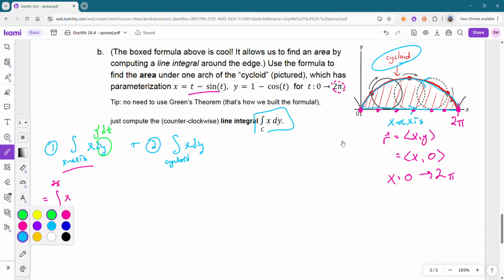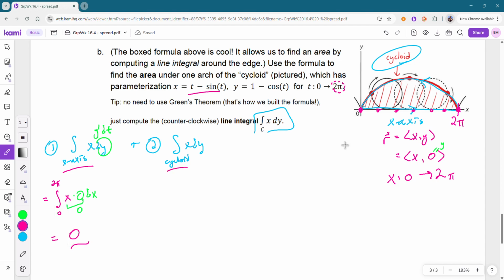So for us, our y is 0, and so y prime is just 0, and our parameter is x. So I'll write dx, but we're going to be integrating 0 over the x-axis, and so that's just going to hand us 0. So actually the x-axis integral will contribute nothing to our area computation. It's all going to come from this cycloid piece.